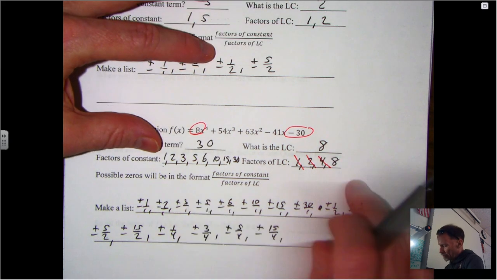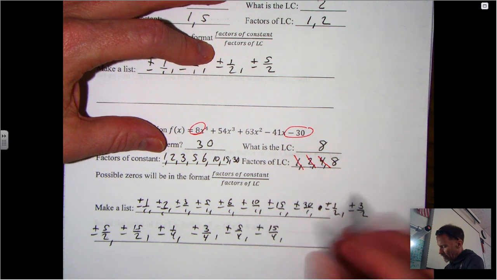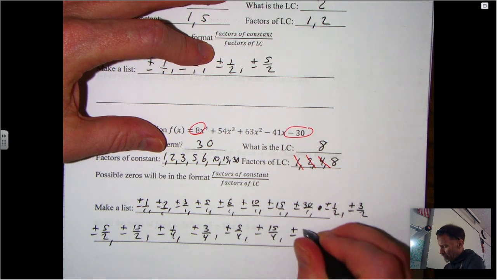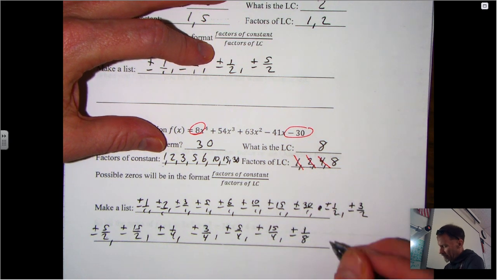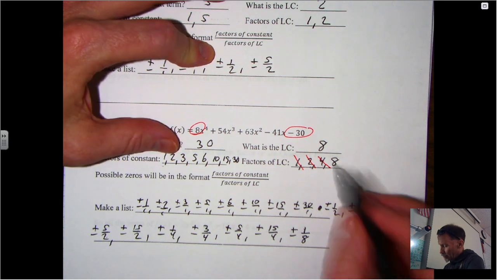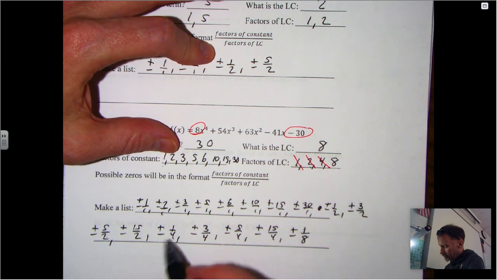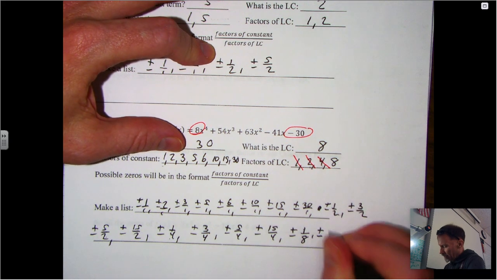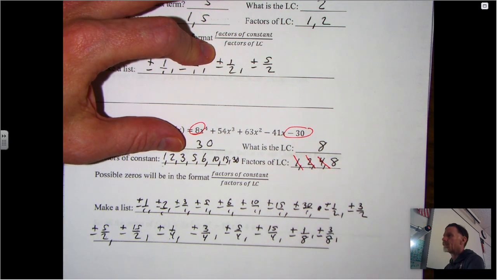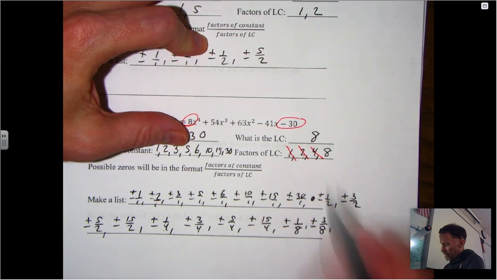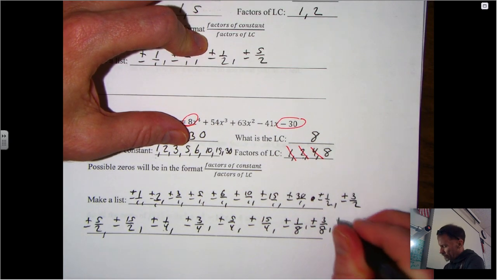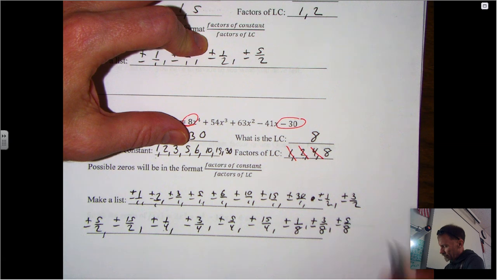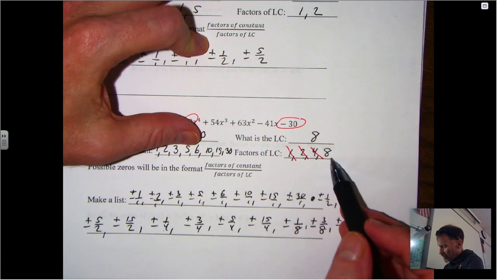And then we just go through the last ones, everything over 8. And some of these repeat too. So plus or minus 1/8. 2/8 is 1/4. I got it. 3/8 I need. 5/8 I need. 6 over 8 is 3/4.